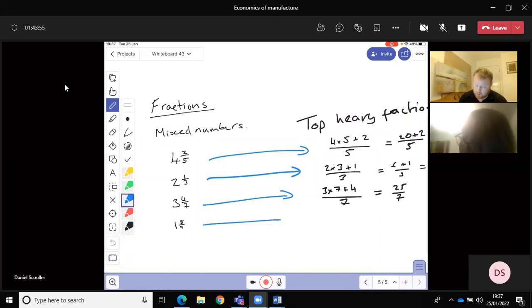Then that last one, 1 8/9. So 1 multiplied by 9 plus there's 8, 17 over 9.